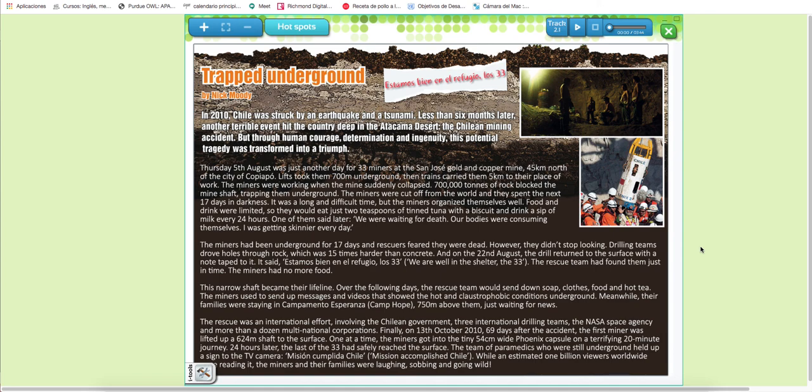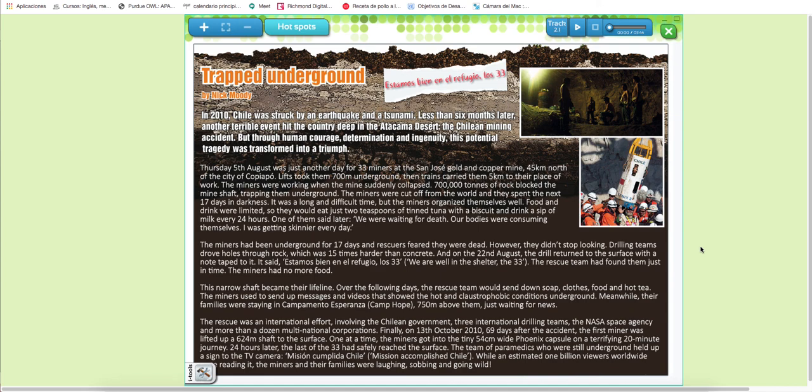And on the 22nd of August, the drill returned to the surface with a note taped to it. It said, "Estamos bien en el refugio los 33. We are well in the shelter, the 33." The rescue team had found them just in time.